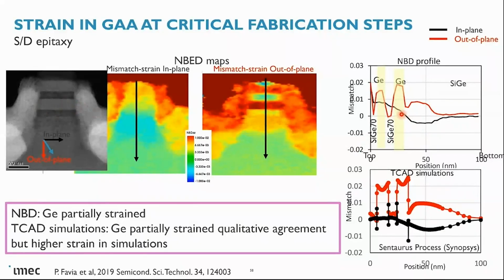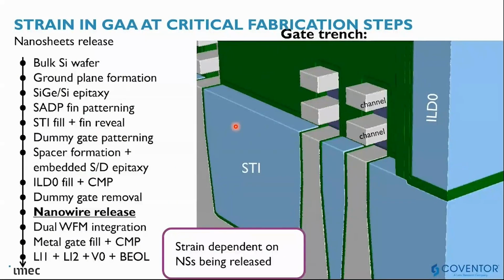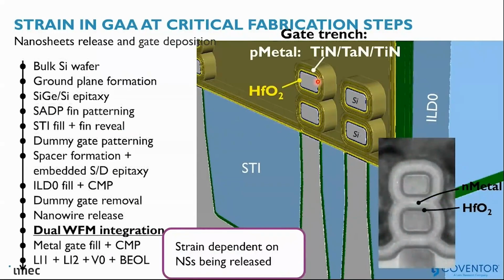This means that some strain has been reintroduced by depositing the source and drain. And then we release the channel by removing the sacrificial layers, and we deposit the gate all around.